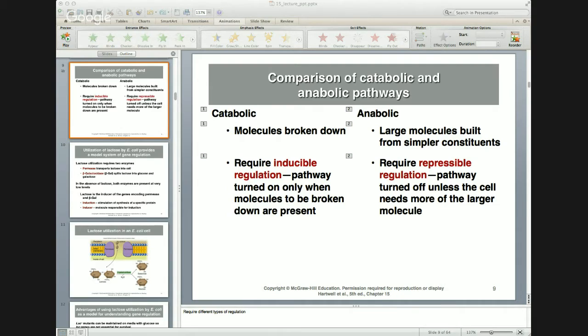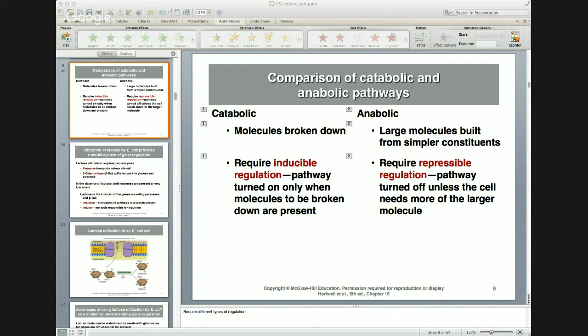RNA polymerase, as I mentioned before, is a large protein, and it binds and overlaps onto the operator site. And once the RNA polymerase binds, it allows for transcription of the three structural genes that are LAC-Z, LAC-Y, and LAC-A.